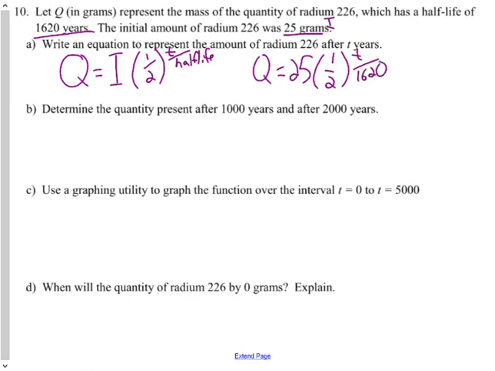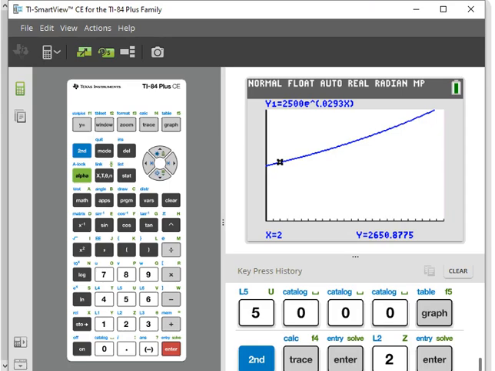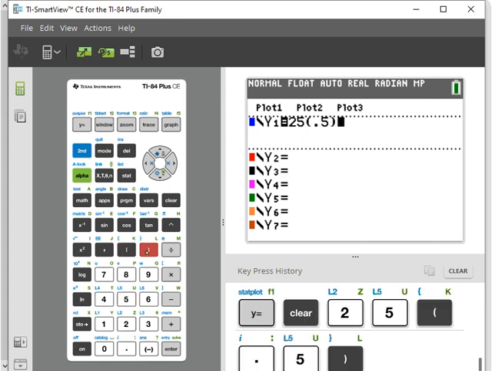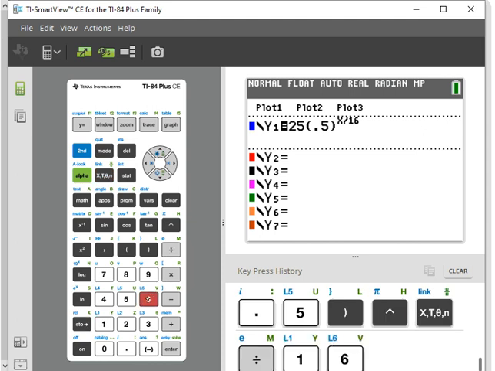Determine the quantity present after 1,000 years and 2,000. So T is 1,000, T is 2,000, and it's asking us, if we read ahead, to graph till 5,000, and then will it ever get to 0? Things to be thinking about, we're typing it in: 25 times 1 over 2, or I like to do 0.5 to the x divided by 1620.